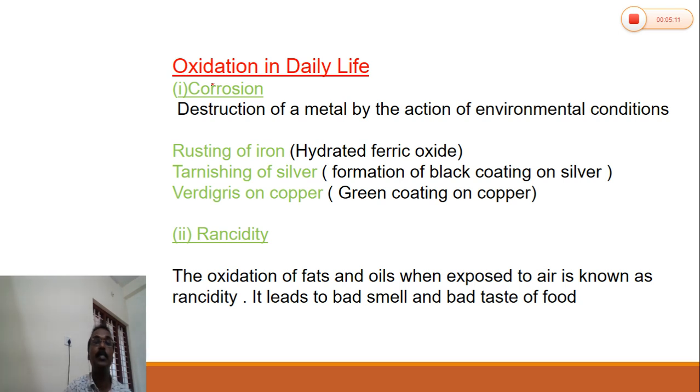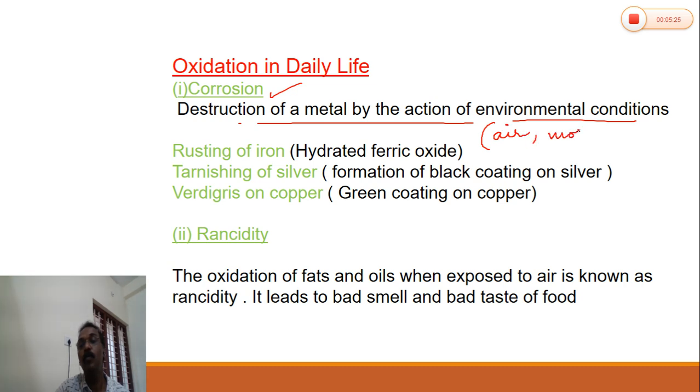Now, let us see some oxidation reactions in our daily life. One is corrosion. What is corrosion? Destruction of a metal by the action of environmental conditions. Environmental conditions mean air and moisture. Air and moisture are the conditions required for corrosion. There are three examples of corrosion.